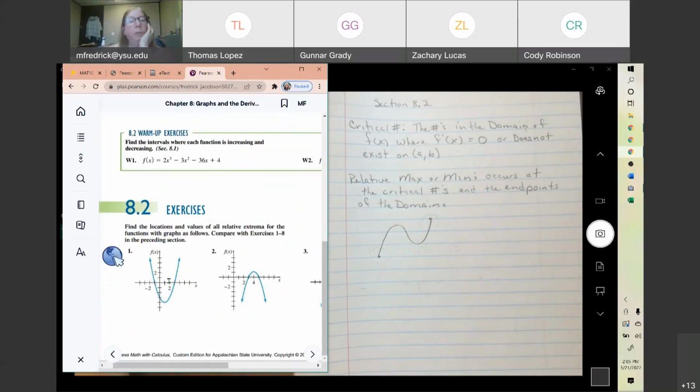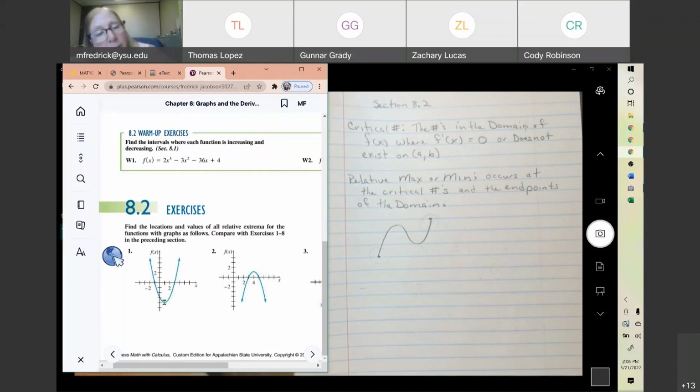So if we look at number 1, they want us to find all the relative extrema. And that just means any relative max or min. Now, these two ends keep going, so there's no endpoints, but there is a low point. Notice the increasing and decreasing change here. It was decreasing and then it starts increasing. And that's what 8.1 does: where the graph's increasing and decreasing.